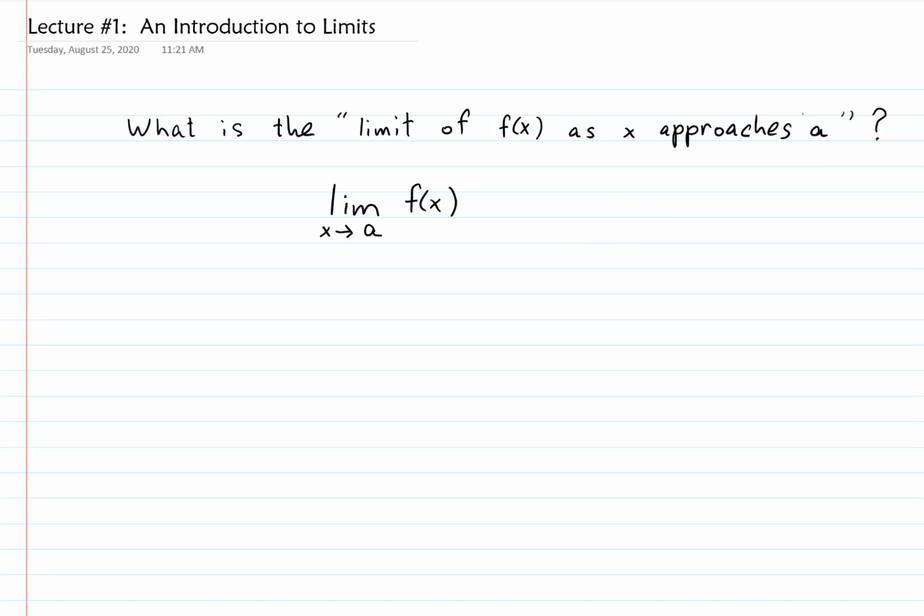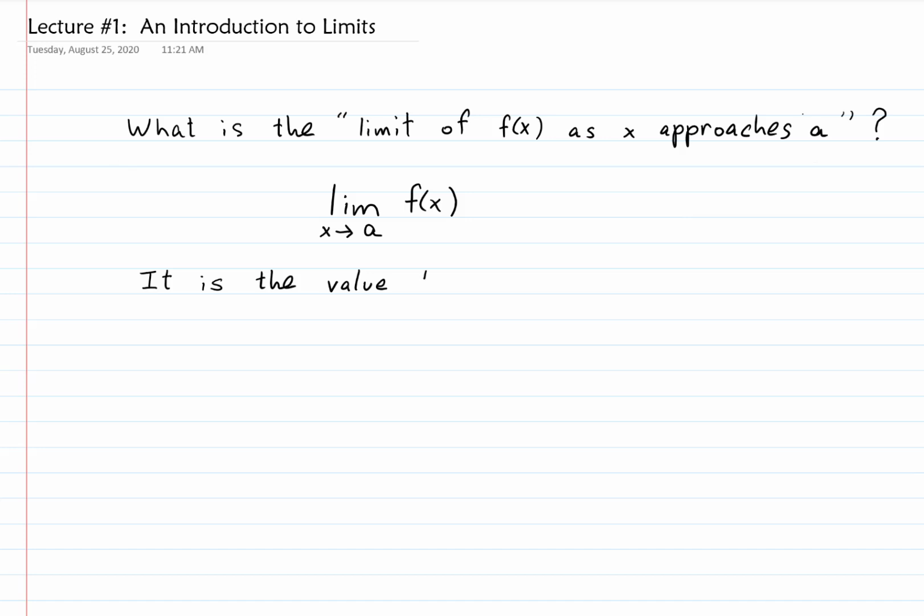Well, I'm going to tell you right now what it is, okay? It is the value, or if you prefer, you could say the word number. Value and number are interchangeable.